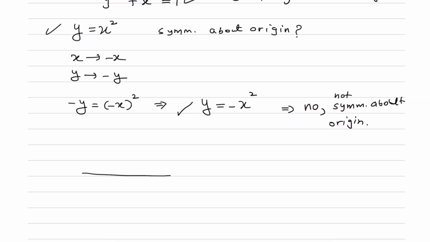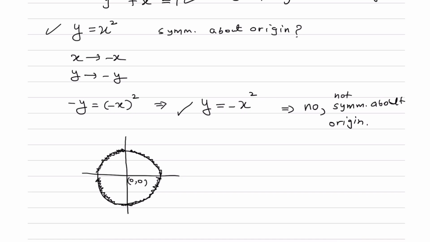And sometimes we can decide if a graph is symmetric about origin or not just by looking at the shape. So if we have this graph, let's say it's a circle, you can see if it is symmetric about origin or not. Yes, for example, for this part, its symmetric part about origin is this one, and for this part, its symmetric shape about origin is this one.